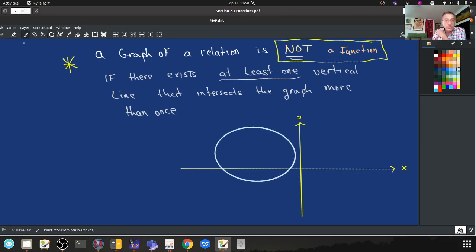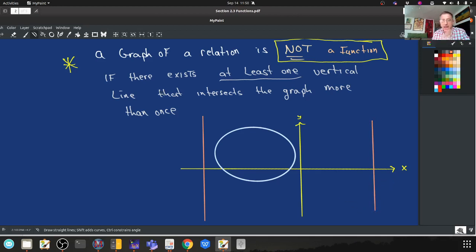Is it a function? So what we want to do is draw some vertical lines. I'm drawing a vertical line right there. It doesn't intercept the graph more than once. And I'm drawing one over here, and it doesn't intercept the graph more than once.